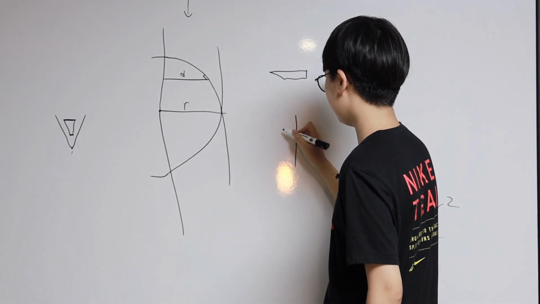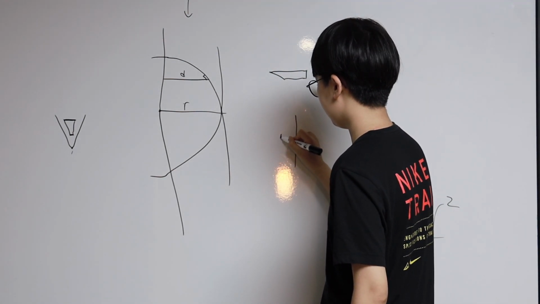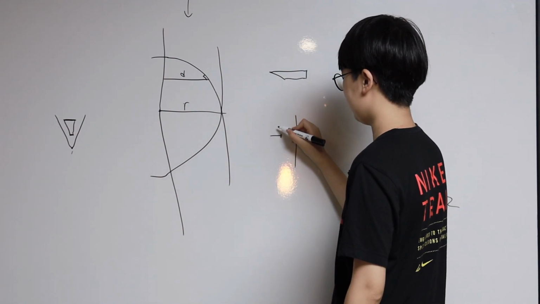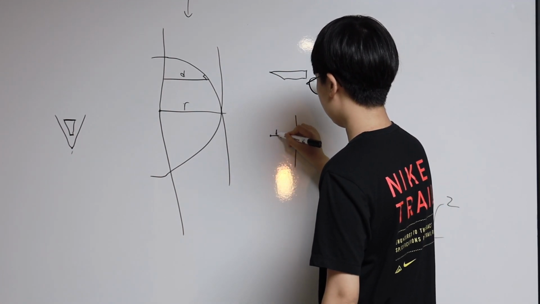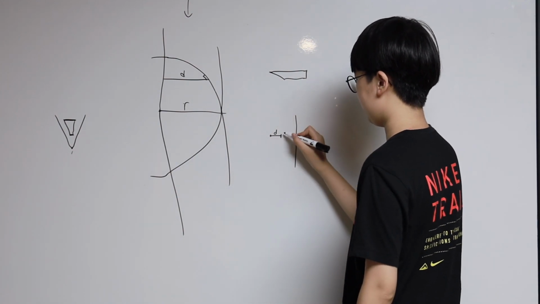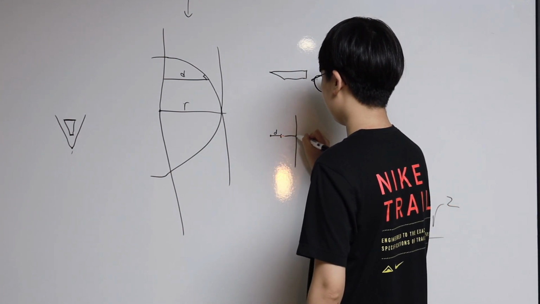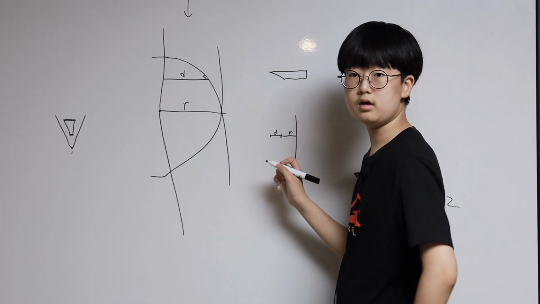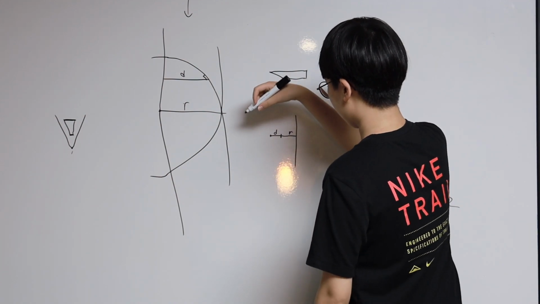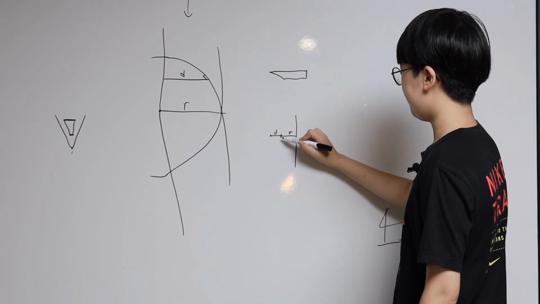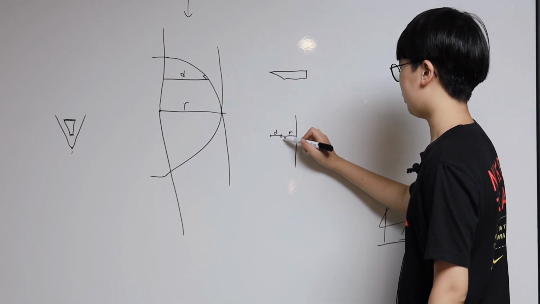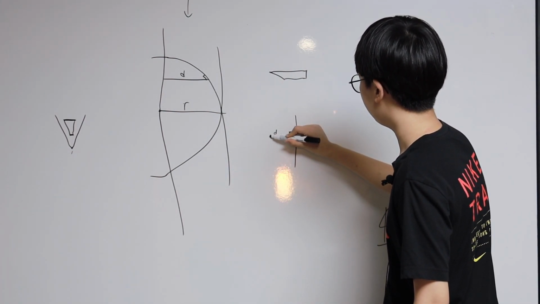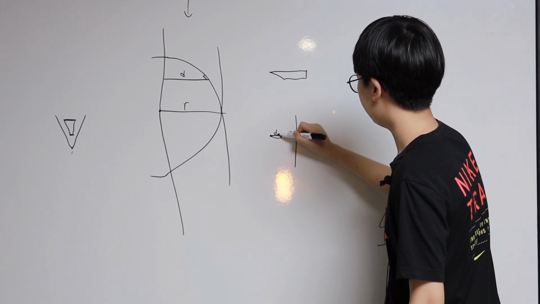Here's the label, and here's the square, and this length is D, and this length is R. But there is going to be a sort of triangle thing if we connect it like that.